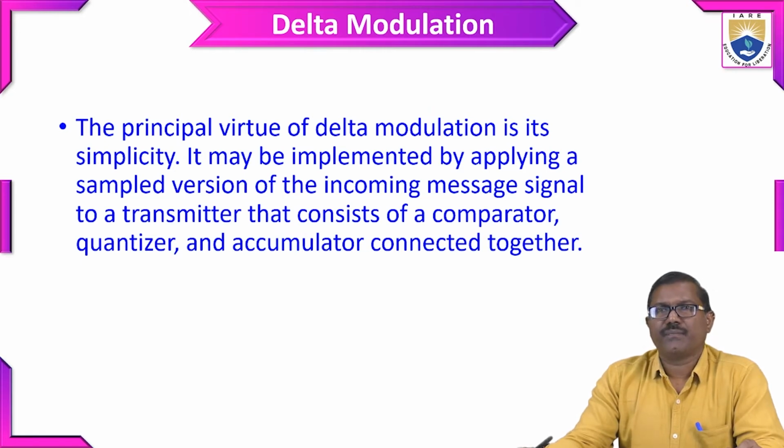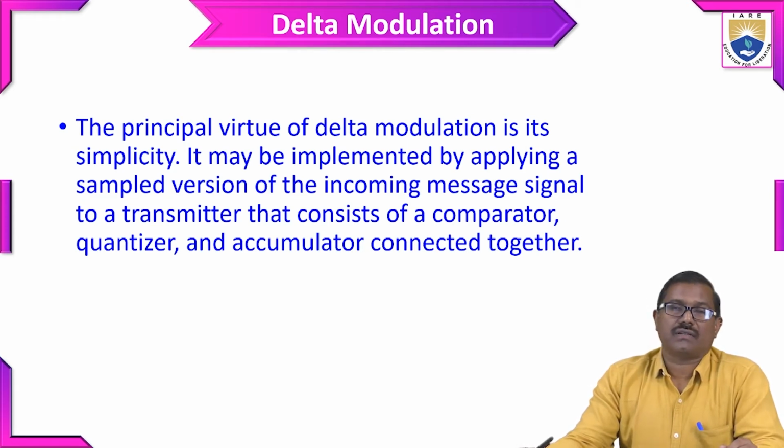The quantizer is also used here, but the difference is that it is a 1-bit quantizer. The delta modulator contains a 1-bit quantizer, which means it can quantize 1 bit at a time. That's why this is a very simple design.